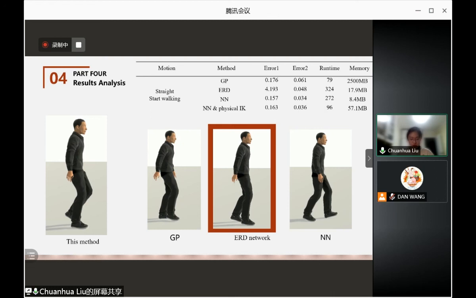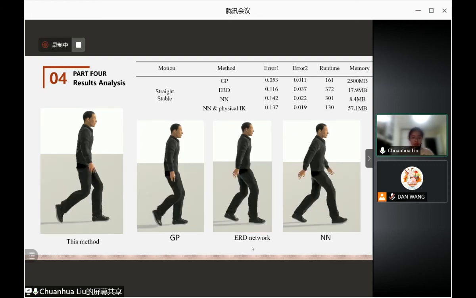So every joint moved, and the foot was floating above the ground and moving very weird. So when starting to walk, the ERD network was not good. And when walking stably, every method worked well.